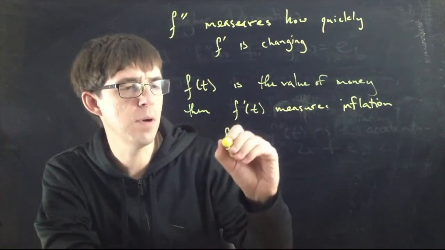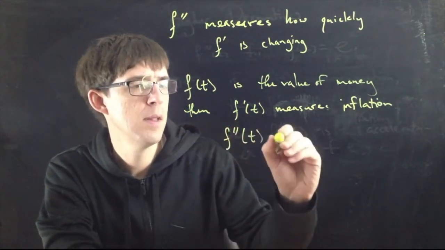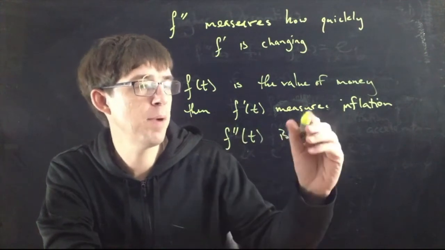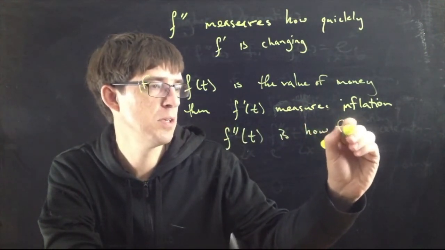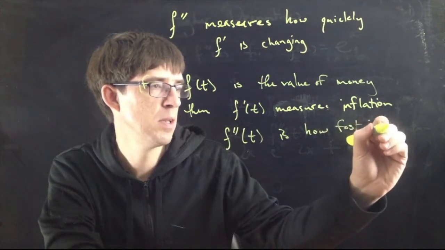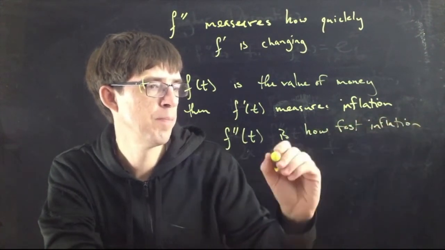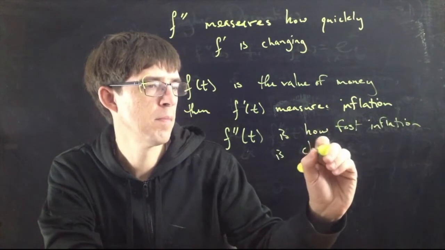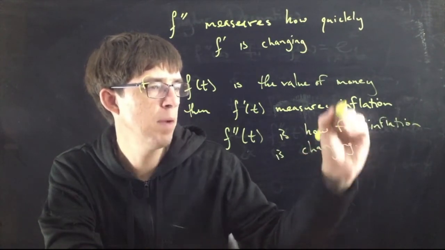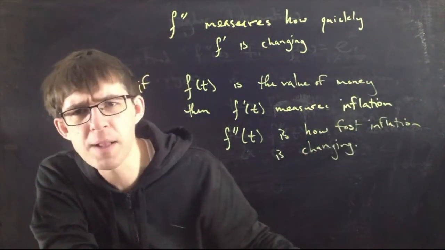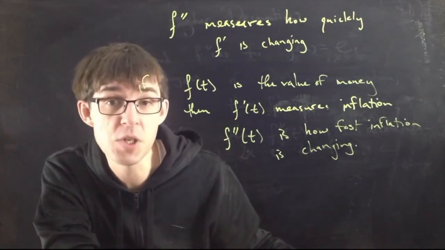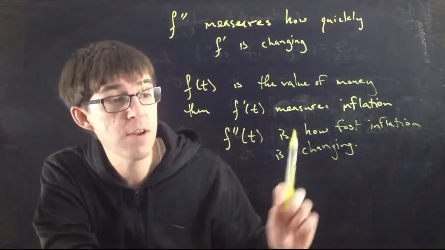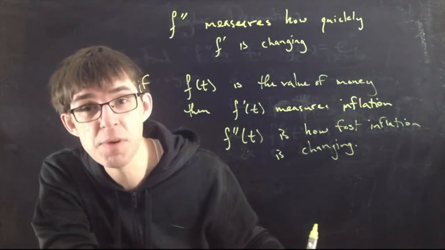What about f double prime of t? f double prime of t is how fast inflation is changing. All right. So every time some politician says, hey, since I've been the president or whatever, inflation has slowed down, what they are telling you is something about the second derivative of something.